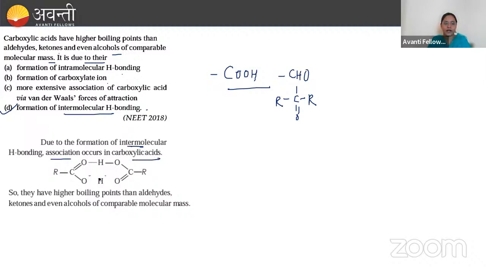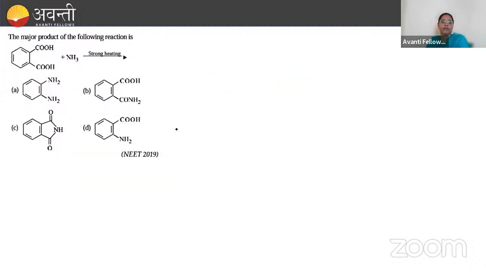This is O minus H plus, this acid group and this acid group, and they show hydrogen bonding. So they have higher boiling points, compared to aldehydes, ketones and even alcohols of comparable molecular masses. Okay, very good.